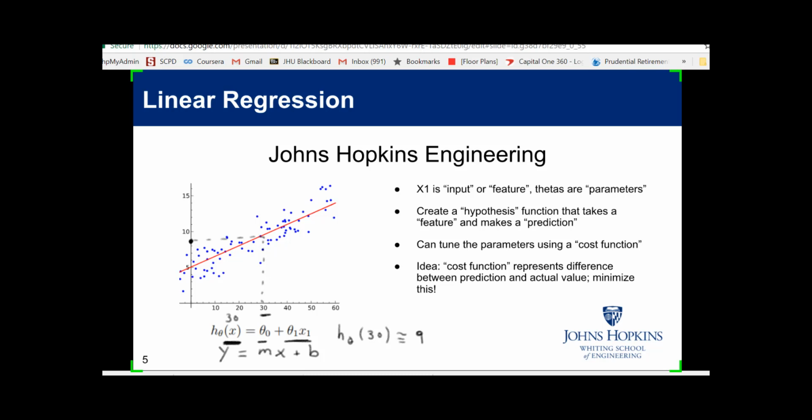Okay, so again, h theta, that's our hypothesis function, which is represented by theta 0 plus theta 1 x1. So if you were to give me a value for x equal to 30, I'm going to drop it into my model, and I'm going to compute the y value for the corresponding x value that you gave me, and whatever that value comes out to be based on that best fit line through the data is going to be my hypothesis for what I think the answer will be.